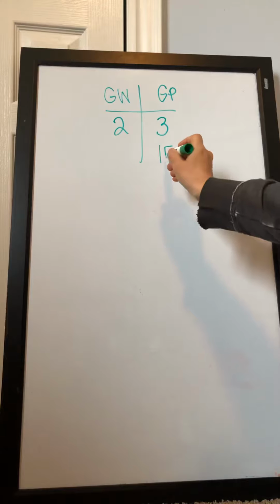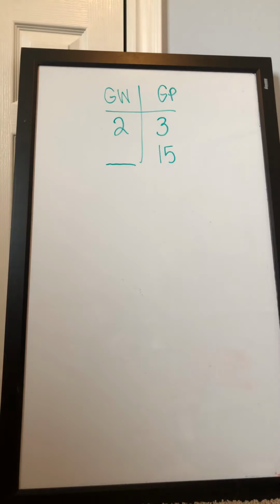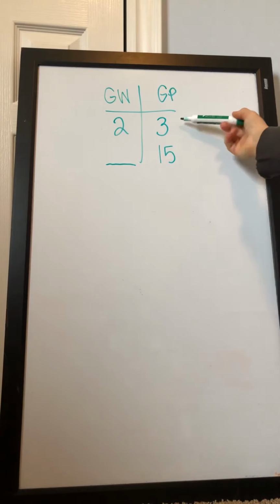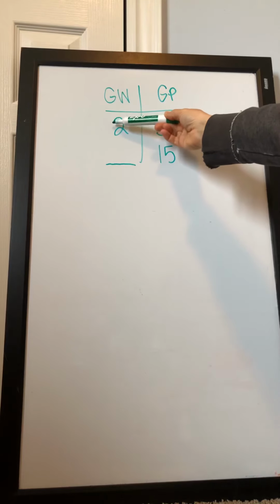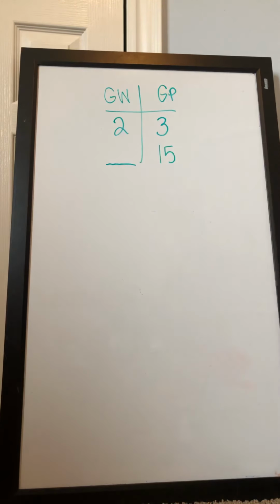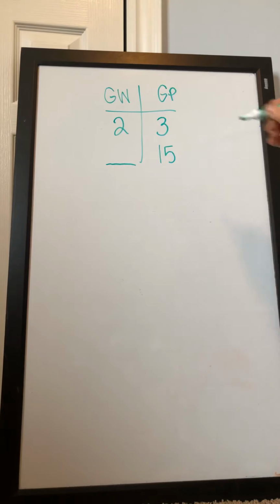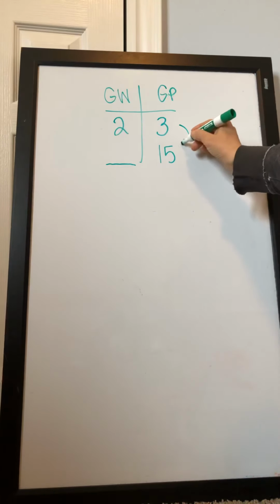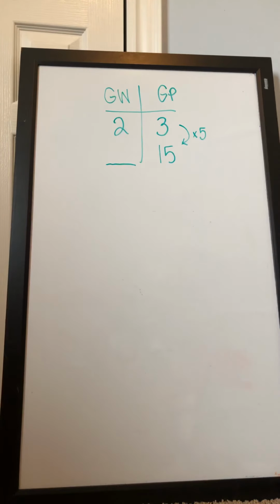Well, for 15 games played then, I want to know the corresponding games won. So I need to know, how did I get from 3 to 15? And then I need to do the same thing to the 2 to get my proper ratio. So again, it's what did we multiply or divide by? So I multiplied by 5 to get from 3 to 15.